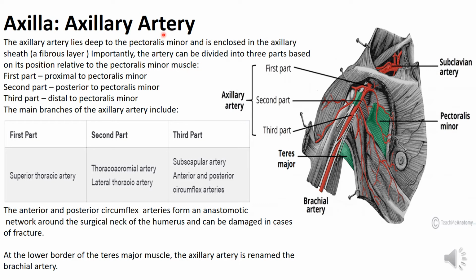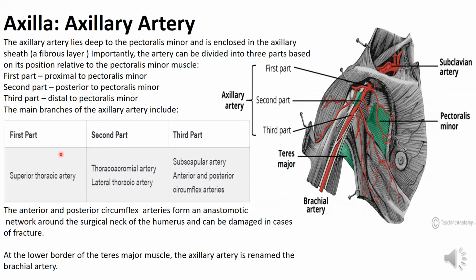The axillary artery, in relation to the pectoralis minor muscle, has three portions or three parts. Proximal to the muscle, first part, under the muscle, second part, and lateral to the muscle, third part. All these parts give rise to different arteries.